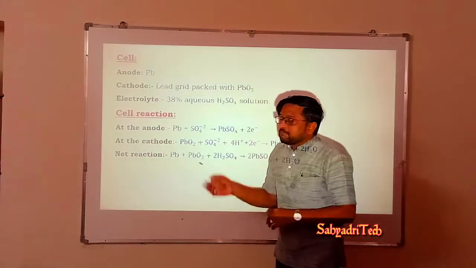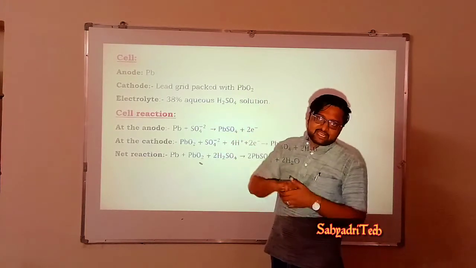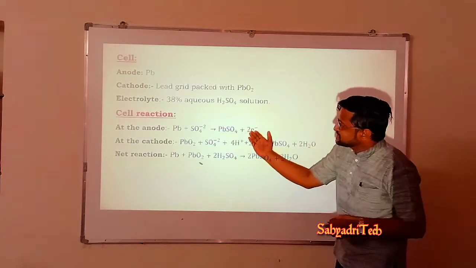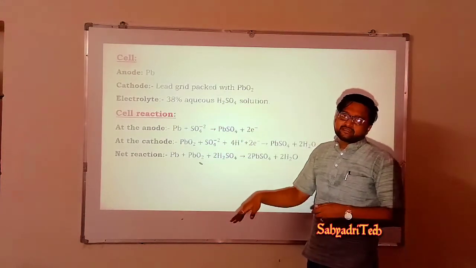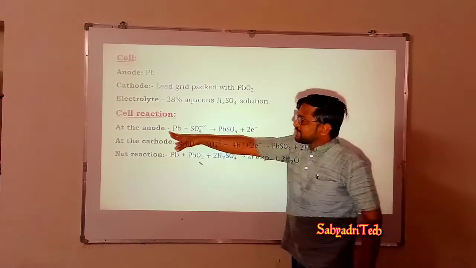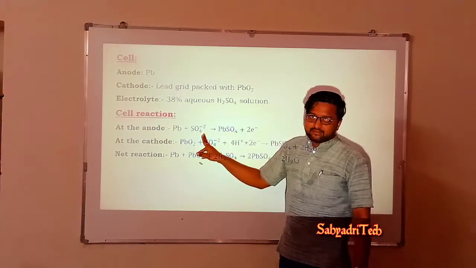As we said, by applying external opposite potential, we can reverse the cell reaction. It means during recharging the cell reaction is reversed. You have to consider the reverse of these reactions. So at anode, lead sulfate is converted into lead plus sulfate ions.